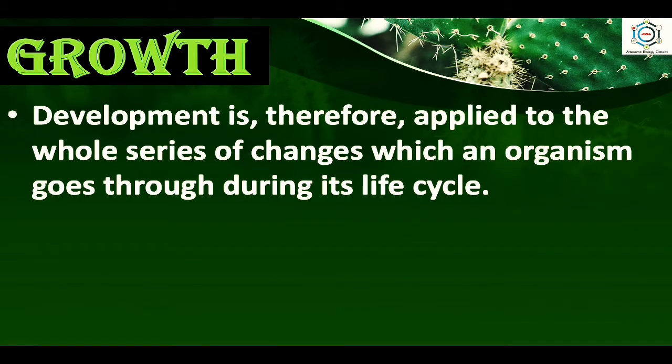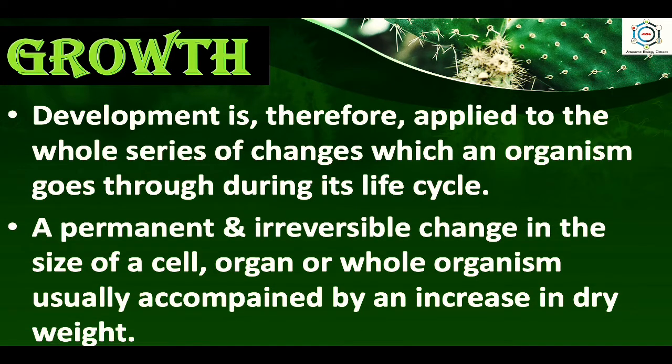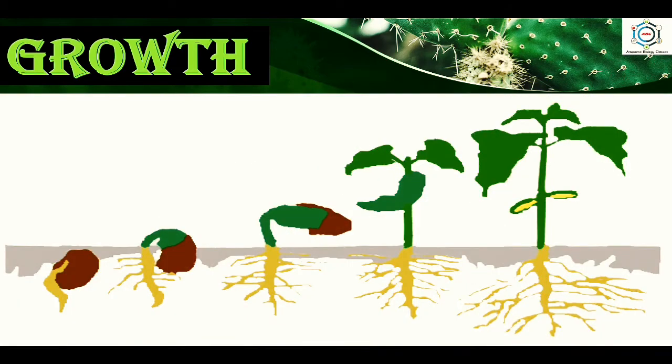So, development is applied to the whole series of changes which an organism goes through during its life cycle. Growth is a permanent and irreversible change in the size of a cell, organ, or whole organism, usually accompanied by an increase in dry weight. Development is nearly always associated with morphogenesis and differentiation.